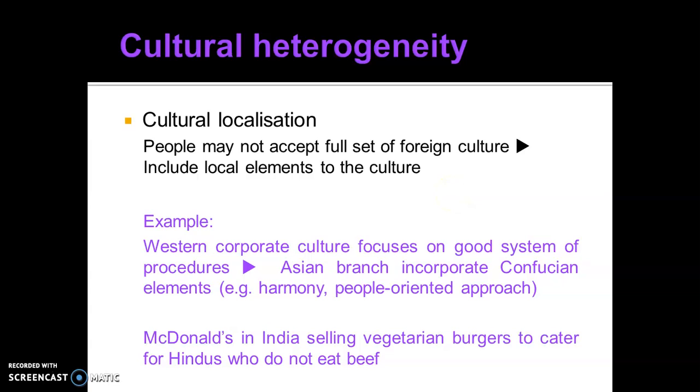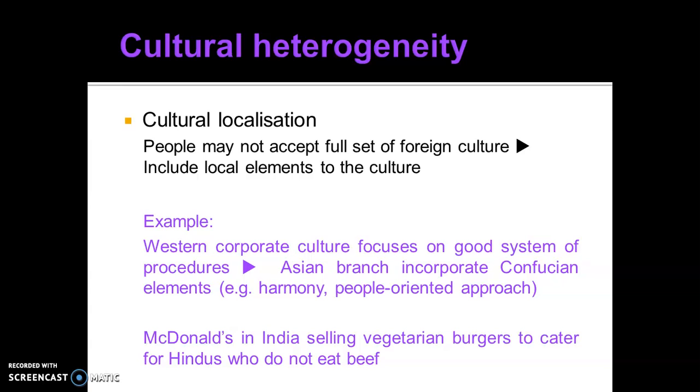But is this kind of culture really practical in Asia? In Asia, especially in Chinese society, people are actually unhappy with this kind of system. They think it is too rigid. This totally ignores people's needs. So they emphasize harmony and a people-oriented approach.